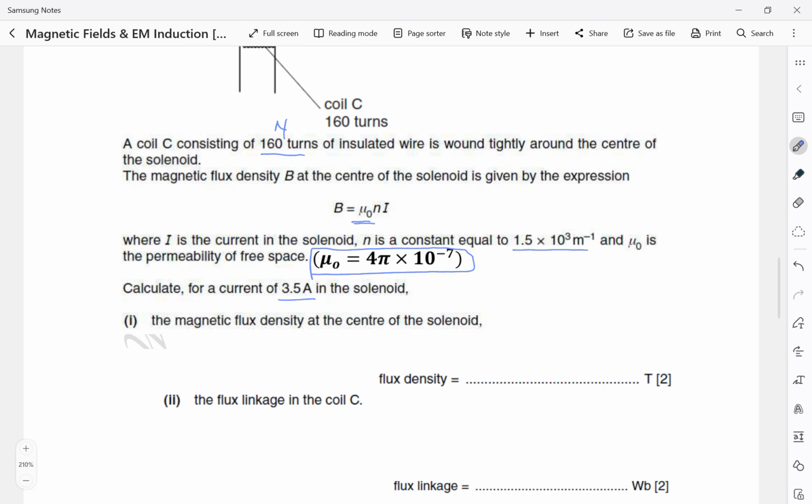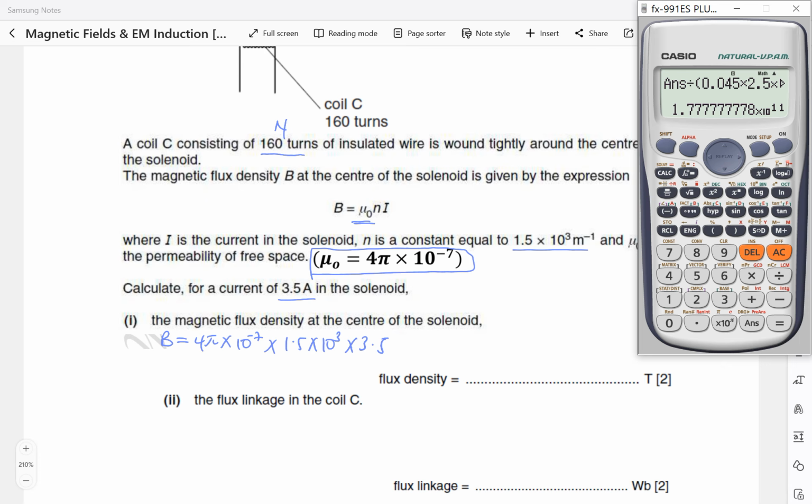So, magnetic flux density at the center of the solenoid. From that equation, B is going to be equal to mu naught, which is 4 pi times 10 to the power of minus 7, then times N, which is 1.5 times 10 to the power of 3. The current is 3.5.